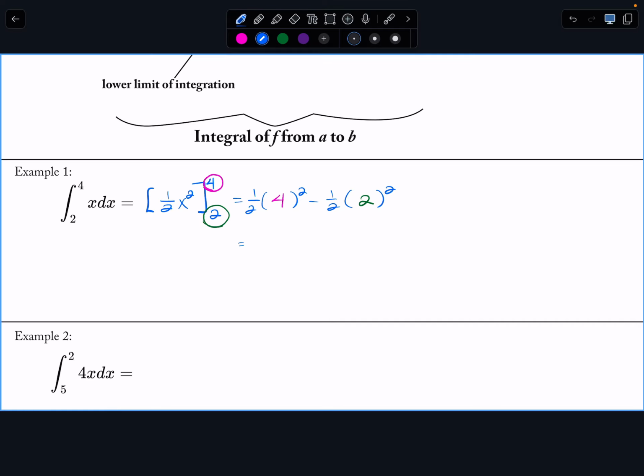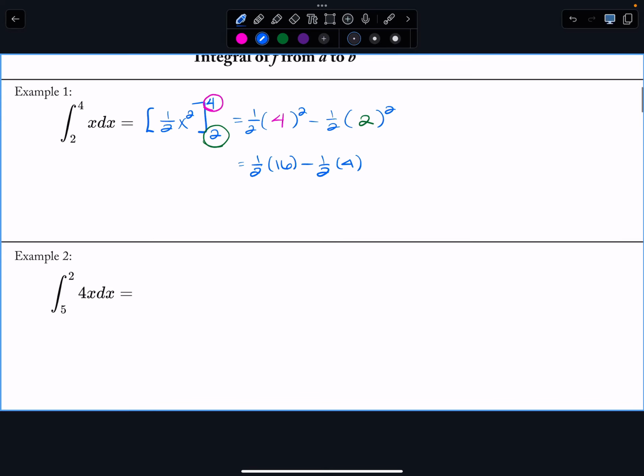So then I get 1/2 times 16 minus 1/2 times 4. So I get 8 minus 2, which is 6.